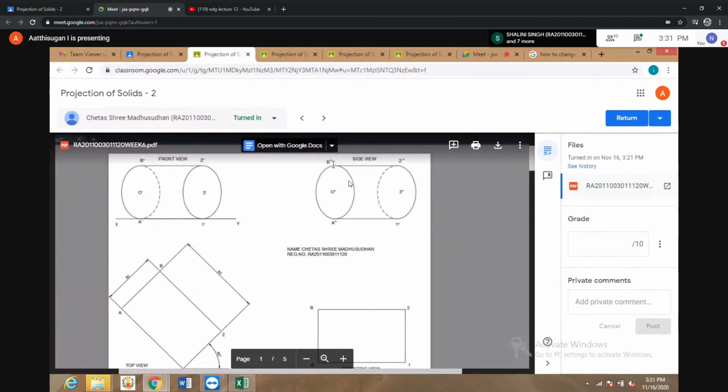Maybe that line's end point will be the B dash, like this you can assume. But in this case we don't know whether this point is B dash or that point is B dash. The circle has a number of points, and if we divide, it will become more points. So better you have one straight line like this. Yes, sir, I'll do it.